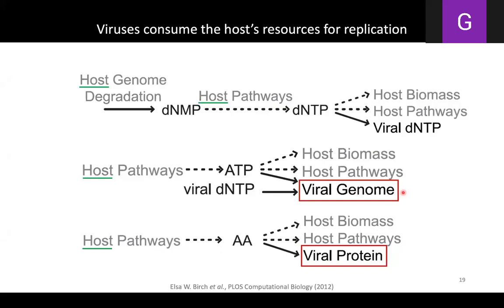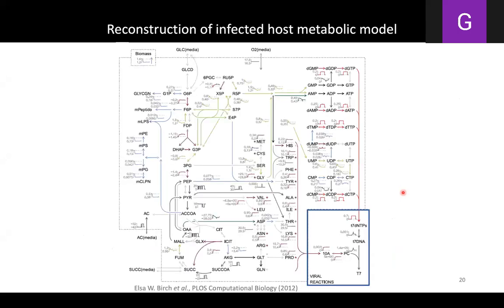For studying this host-virus system, we incorporate viral protein and genome synthesizing reactions into the host metabolic model to make it an infected host model. And during simulation, we optimize the biomass of the host as well as the viral building blocks.